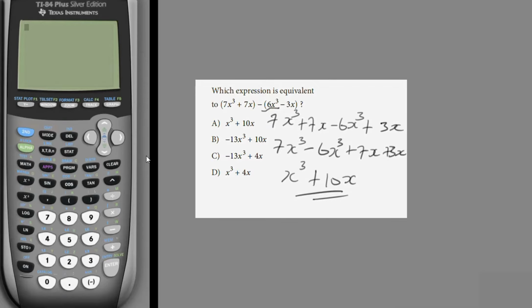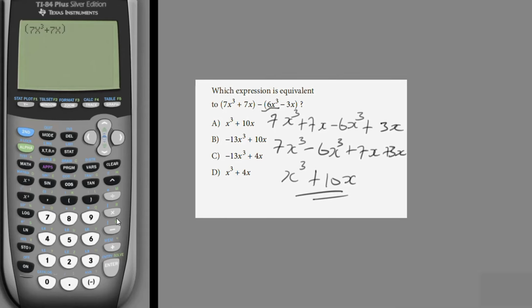Now you use it to simplify this expression. So we have in brackets 7x to the power 3, using this button for power, you come down, plus 7x, close the bracket.